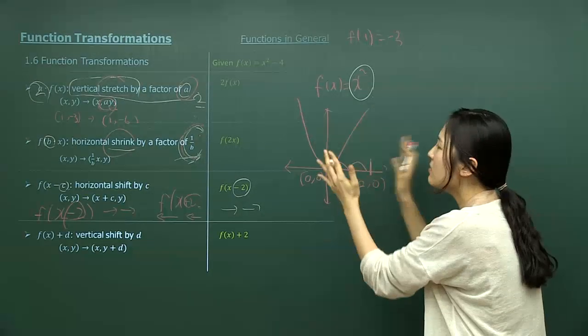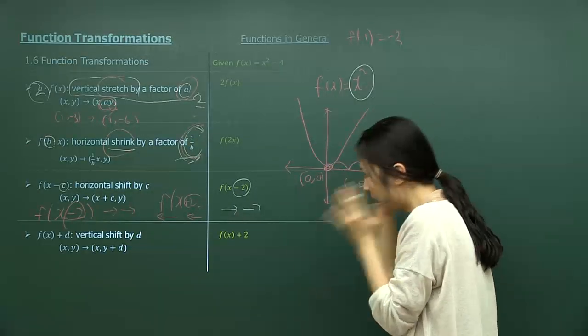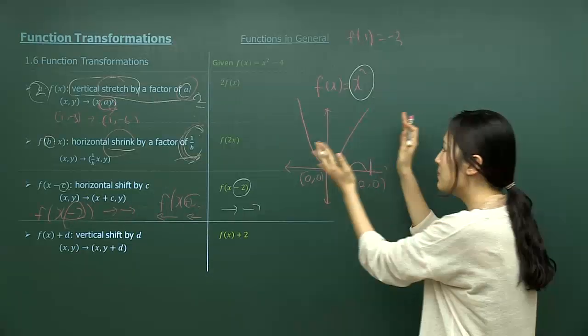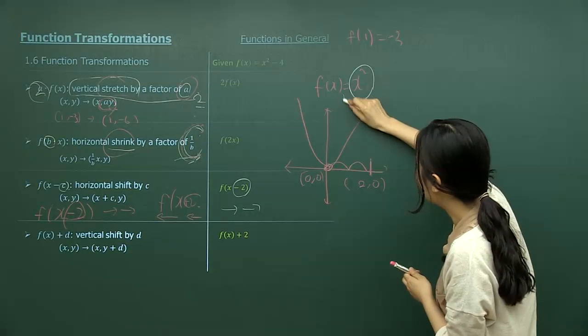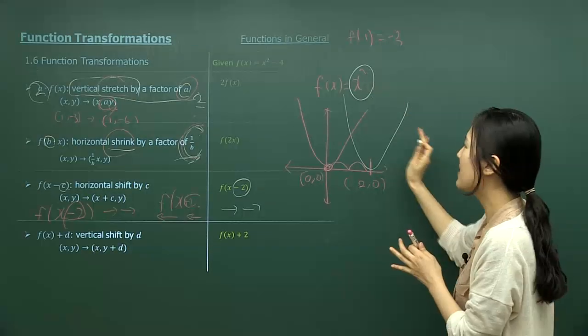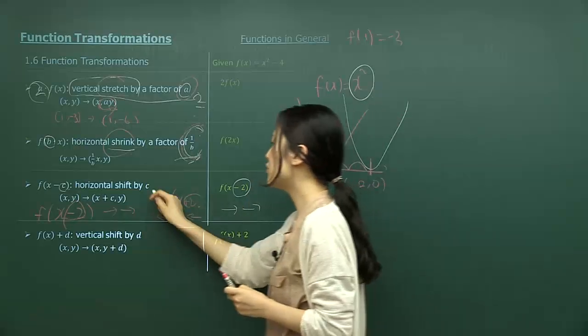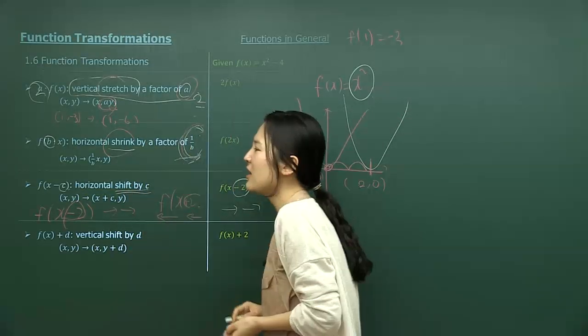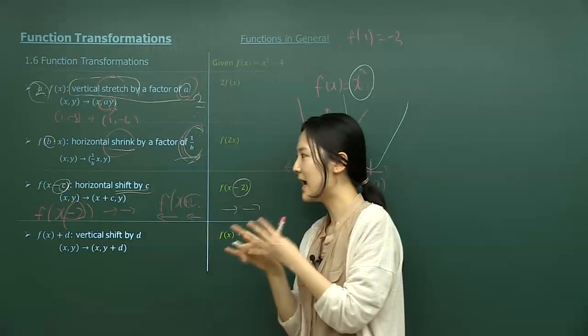So it still is the same looking graph because we didn't have to shrink it or stretch it. It's just simply being moved, slid 2 units to the right, so that you will have the same graph but over here. Okay? So for horizontal shift, the only thing that you have to worry about is remembering how the sign is swapped.